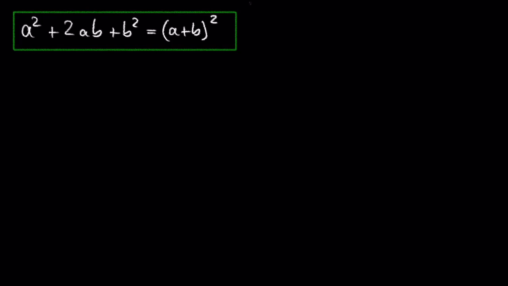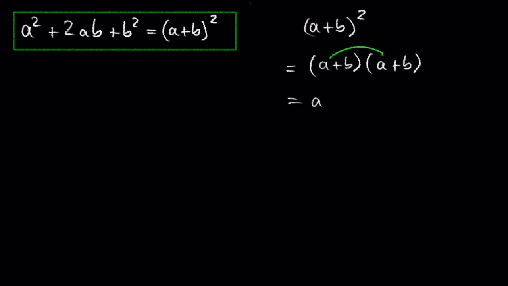Let's quickly check if this equation is true. (a plus b) squared, that's (a plus b) times (a plus b). We see by doing the FOIL method, that's a squared, that's ab, that's another ab, and that's b squared.